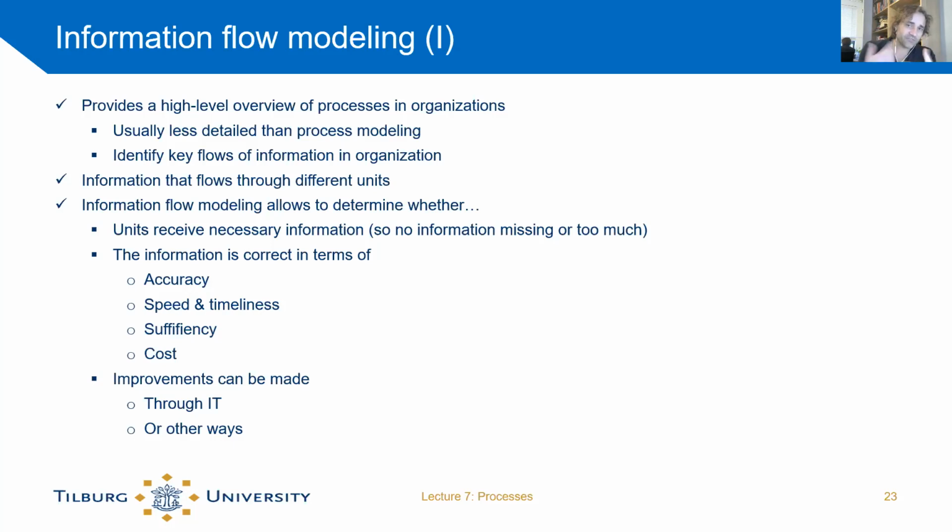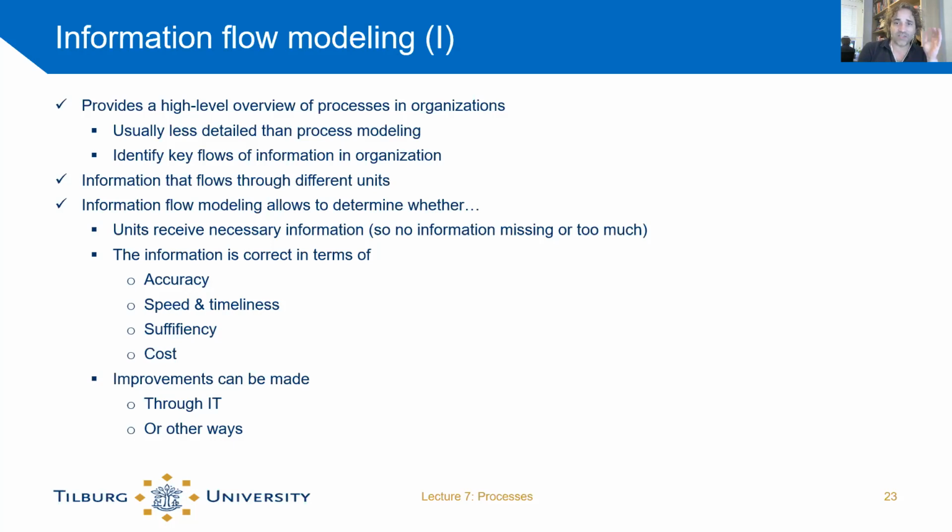So we can actually classify all those information flows in terms of, okay, do we receive everything we need? Is there something missing? If we receive that information, is it accurate? So is it correct? Do we receive it on time? Is it, again, sufficient? So is everything there?